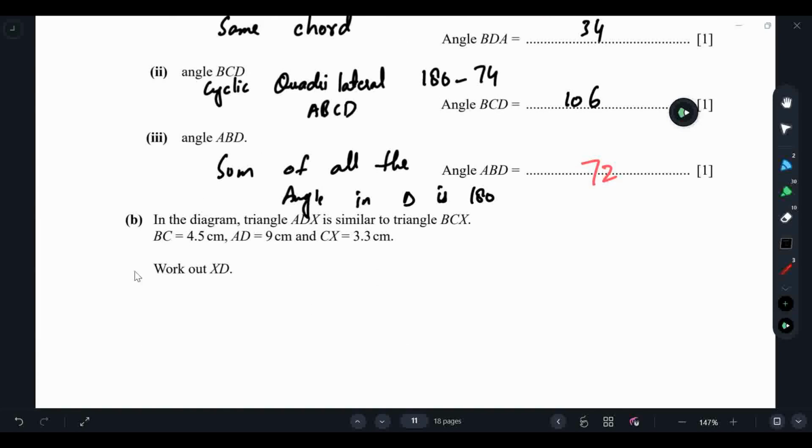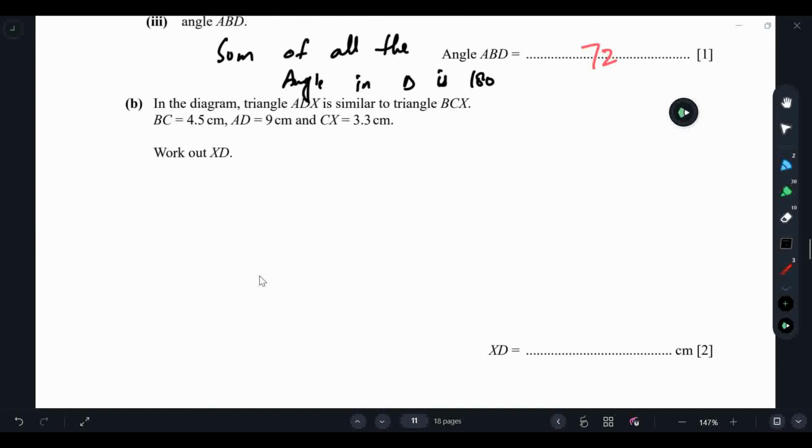Let's move to the B part. In the diagram, triangle ADC is similar to triangle BCX. So we know that this one is the keyword. So we can see that if these two triangles are similar, AD is given. So AD divided by BC, the ratio, and then similarly XD divided by XC.